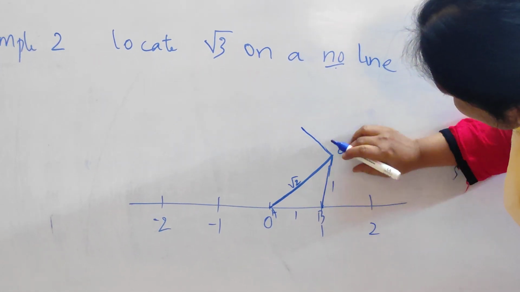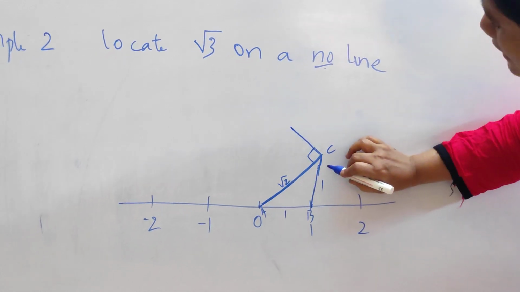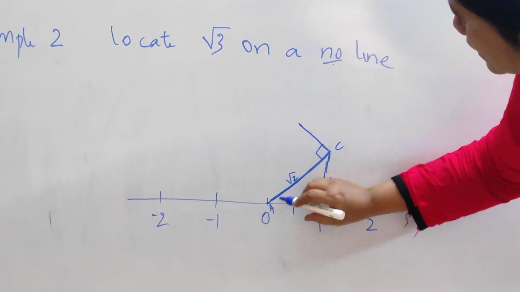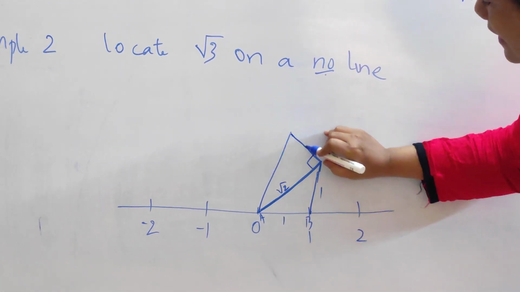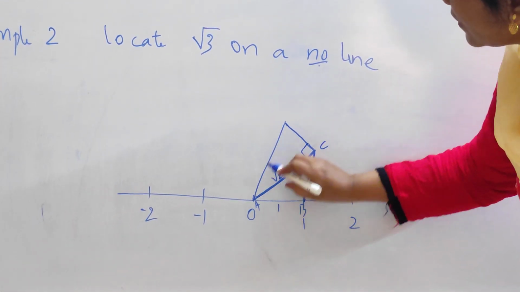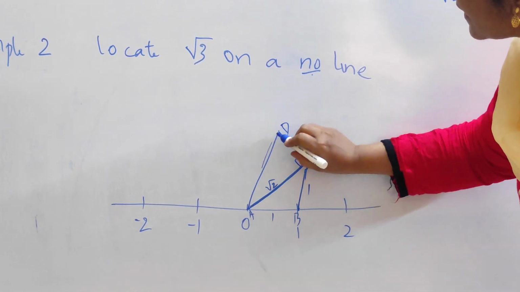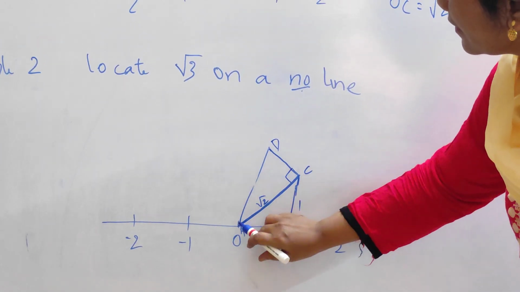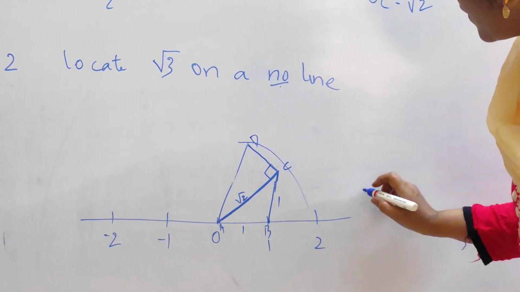You need to draw a right angle. With your compass you can see the right angle, and then you join this. With the protractor you can measure exactly 90 degrees. Then join this, call this D. Now when you take this as the radius and cut an arc, you get here 1.7.